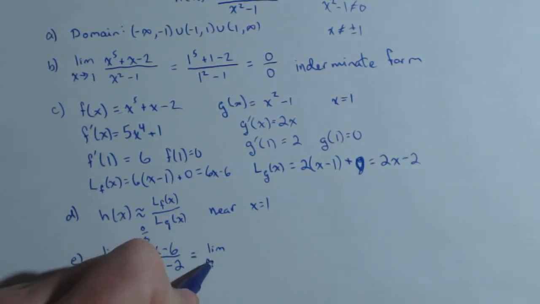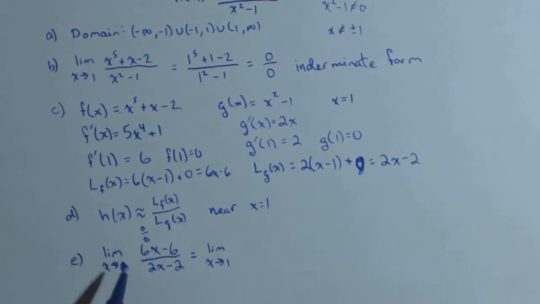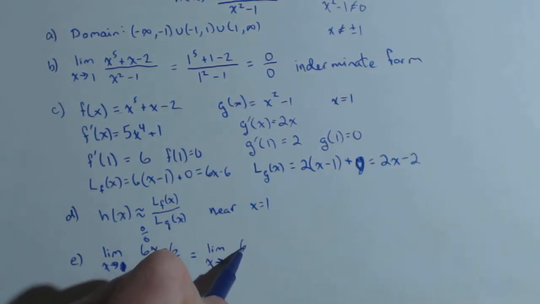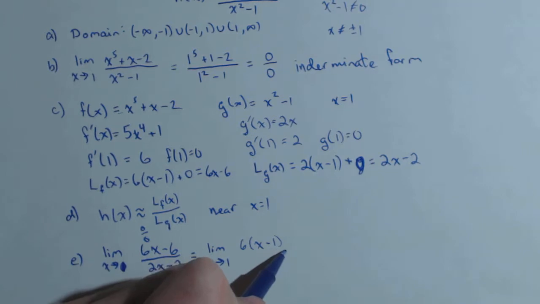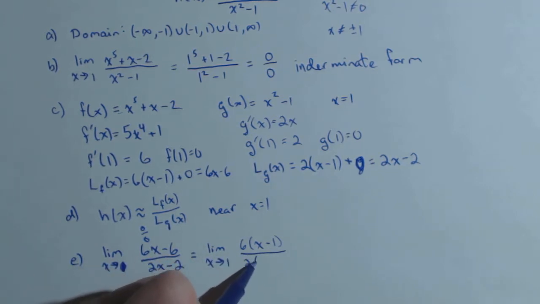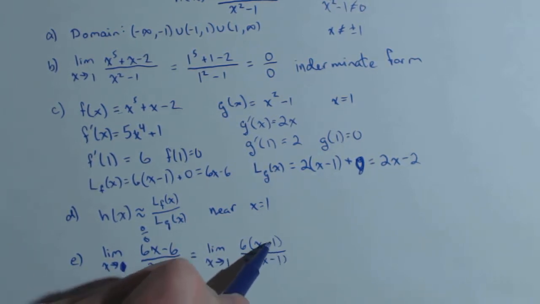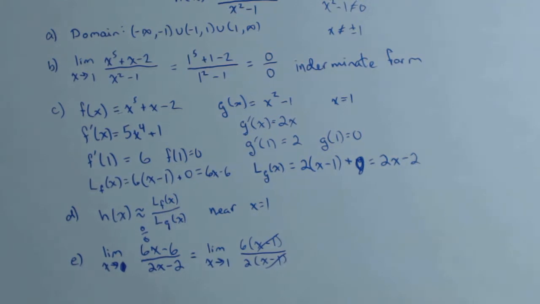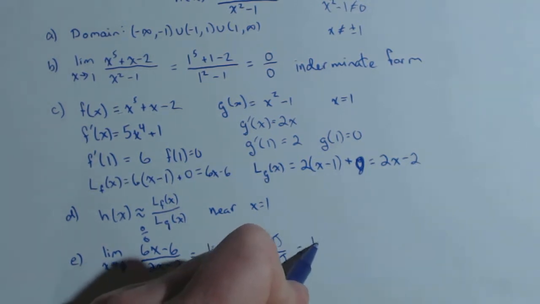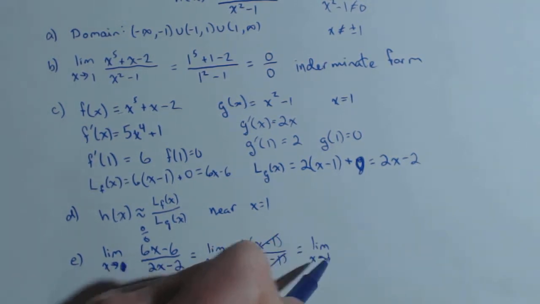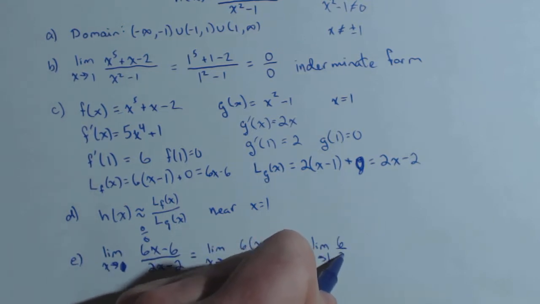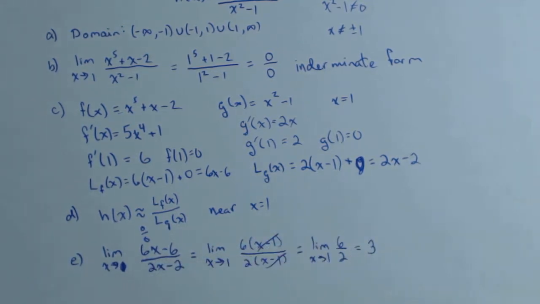So I have the limit as x goes to 1, and I can factor a 6 out of the numerator times x minus 1, a 2 out of the denominator times x minus 1, and those cancel. So I have the limit as x approaches 1 of 6 over 2, or 3.